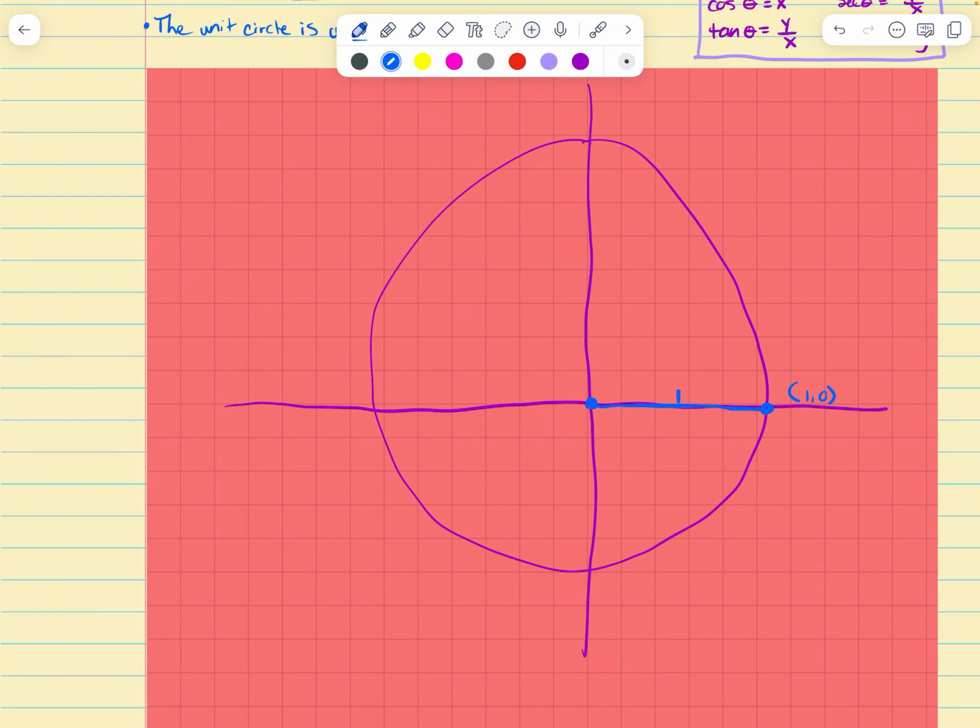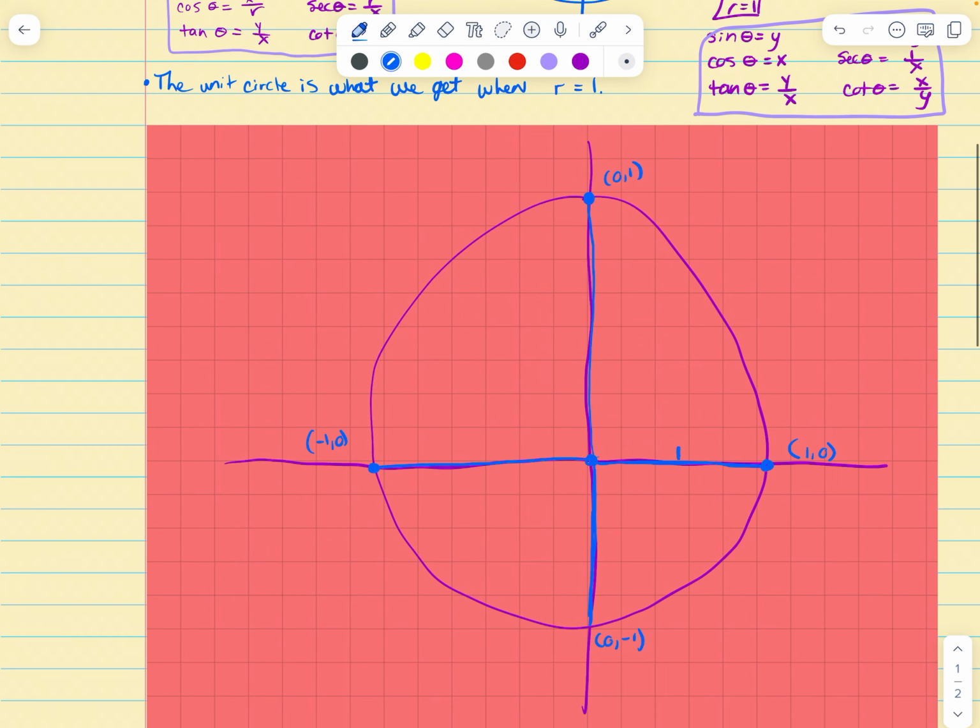No matter where, the distance is 1, right? So this one would be 0, 1 here, right? Now this is where we're getting negative 1, 0 here, but the r technically is still 1, right? Because we're doing r squared. So then this one is 0, negative 1.